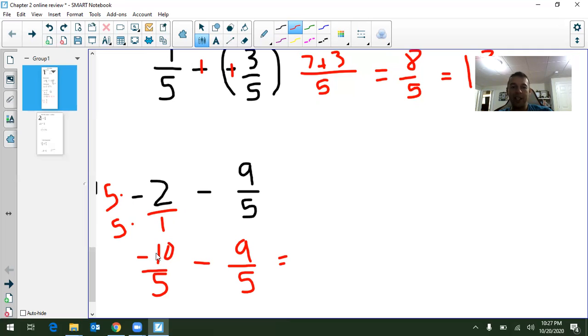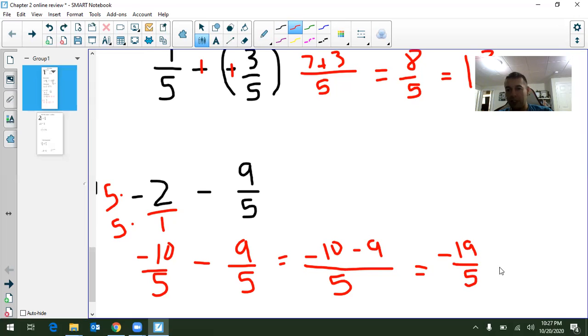And so we have a negative minus a negative. And a negative minus a negative, if we're looking at the number line, we had a -10, and we're going to subtract 9 more. We're going further away from the 0. We're going to get a bigger negative. So that is a negative 19 over 5.